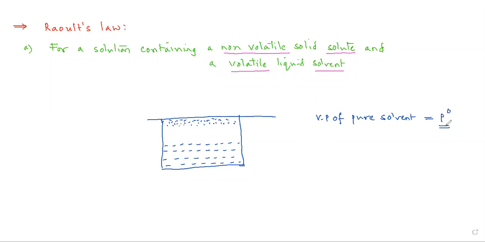Naught refers to solvent. P naught. Okay. Then now let us add a non-volatile solute to it, to this liquid solvent which is volatile. Let us now add a non-volatile solute.